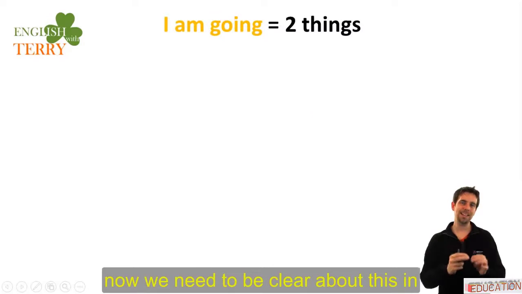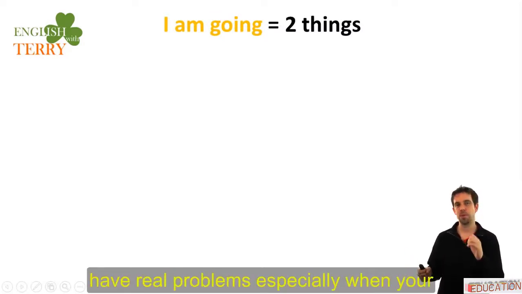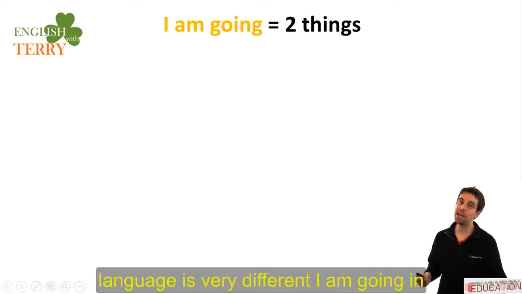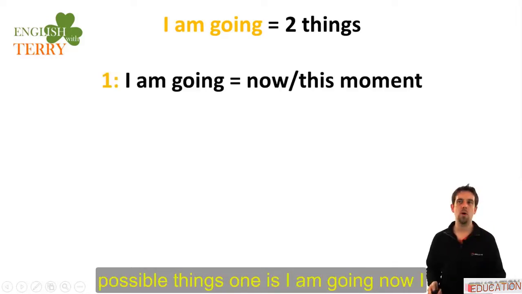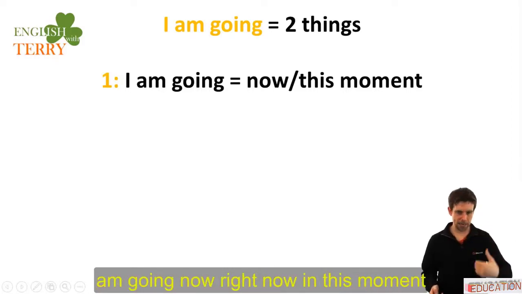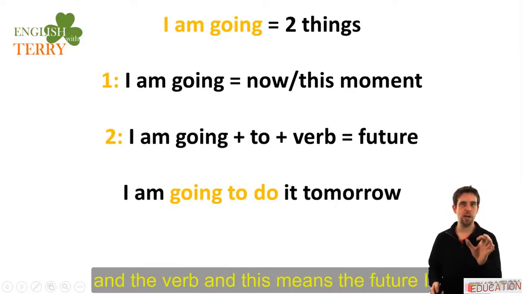Now, we need to be clear about this in English, because this is where people have real problems, especially when your language is very different. I am going in English has two possible meanings, two possible things. One is I am going now. I am going now, right now, in this moment, right? Or another is I am going to and the verb.